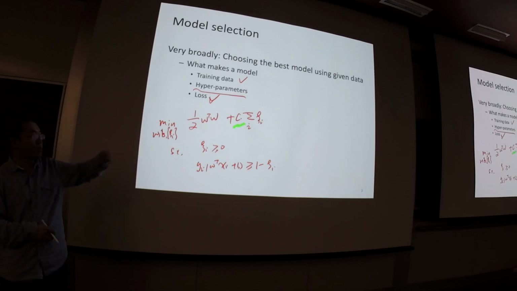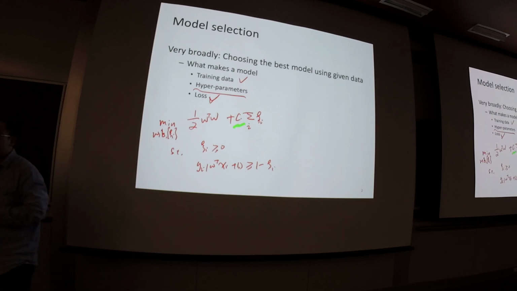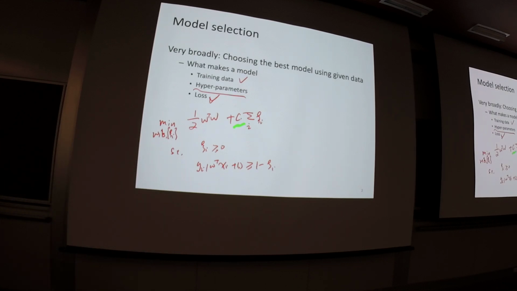Can we jointly optimize C with those w, b and ξi? Can we modify this optimization problem a little bit and directly treat this function as a function of C as well? So I jointly optimize w, b, all the slack variables, and this hyperparameter C. Is it doable? Or is it reasonable?